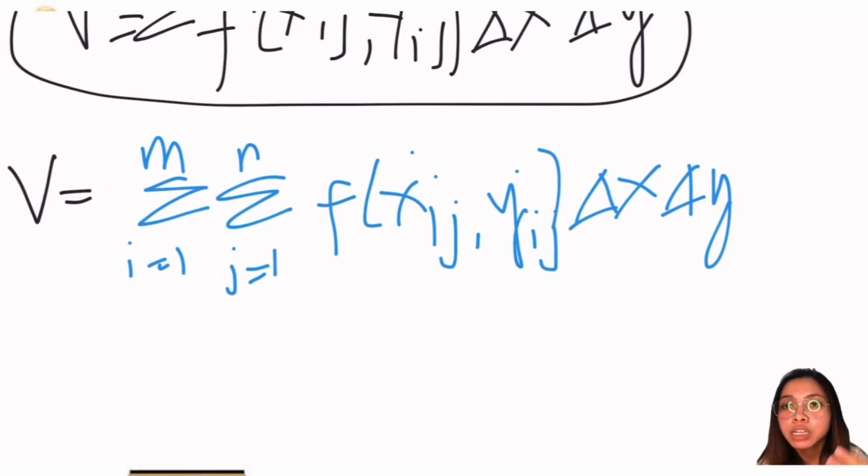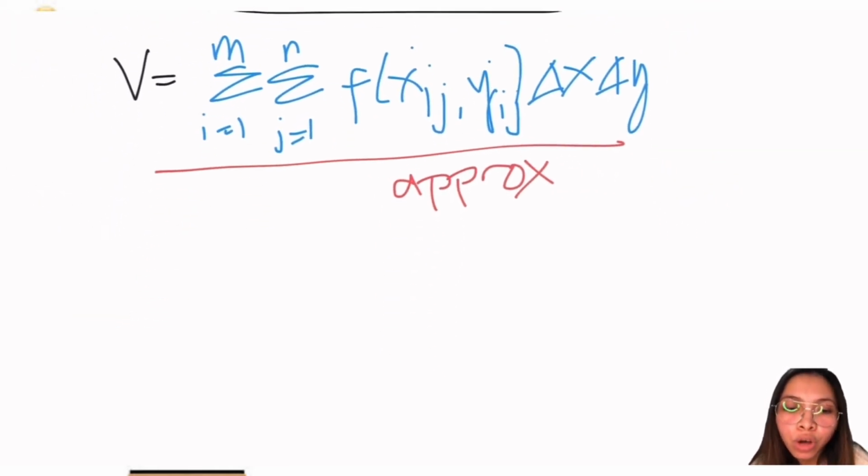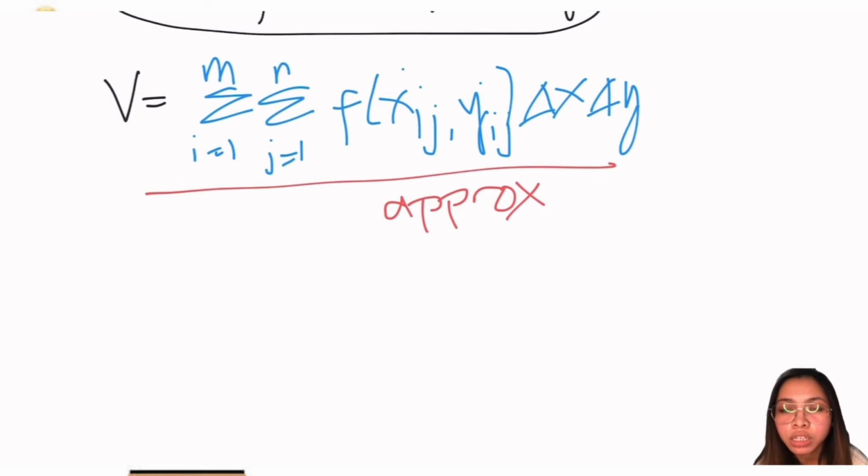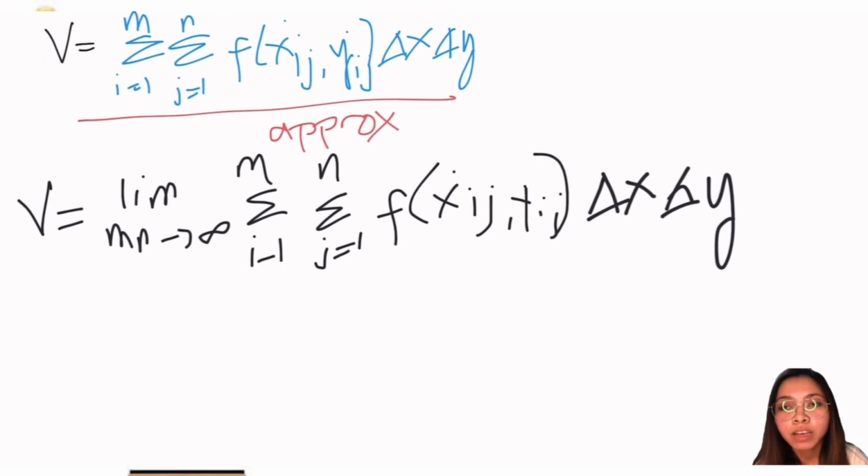Why? Because we have a finite number of rectangles. So to get an exact volume, we need the number of rectangles to go to infinity. So we need V equal to the summation of the function f(x sub i sub j, y sub i sub j) times delta x delta y, with i from 1, j from 1, as m and n approach infinity.